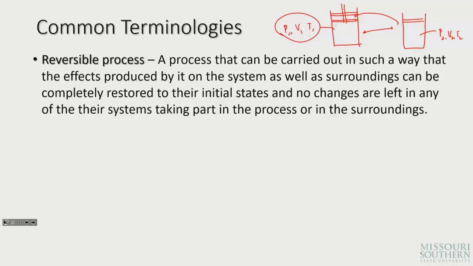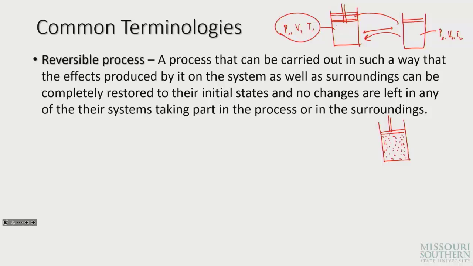When it goes out of equilibrium, you won't be able to bring it back to the same state. So when you pull it up, you need to pull it very, very slowly, so that you give some time to have the same values or equilibrium state in all the different parts of this system.